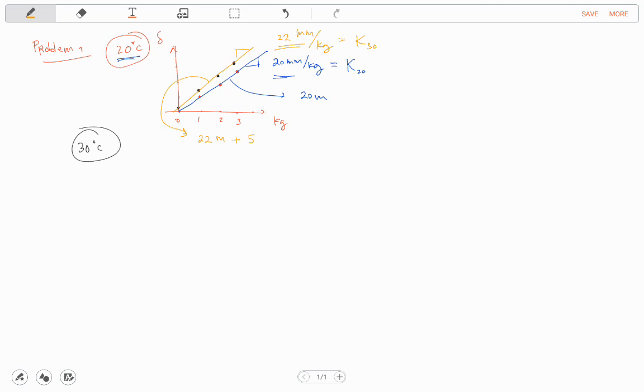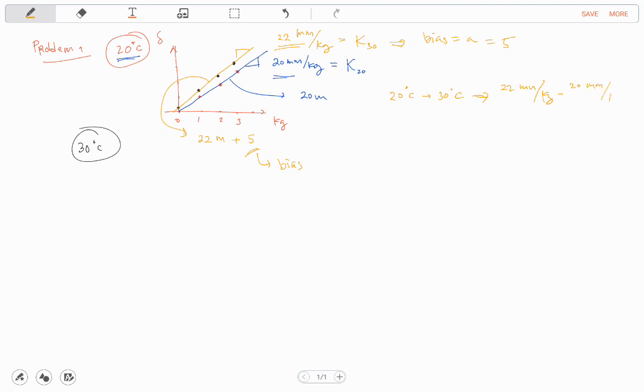And then from there we can also identify for this case that we have a bias equal to 5. So this is the bias.